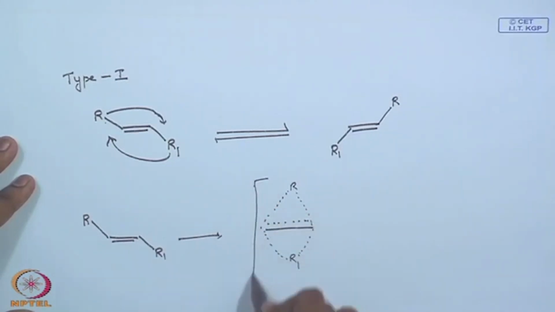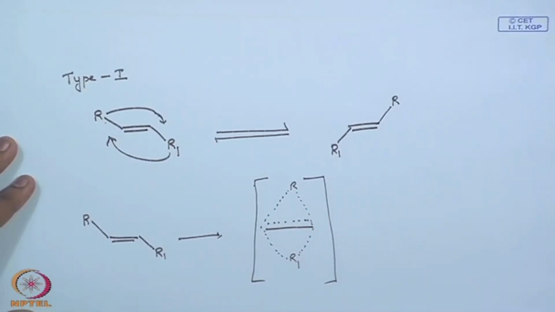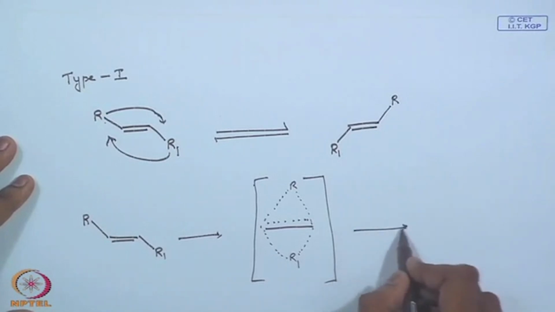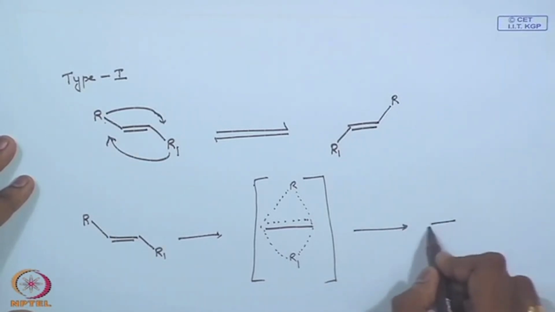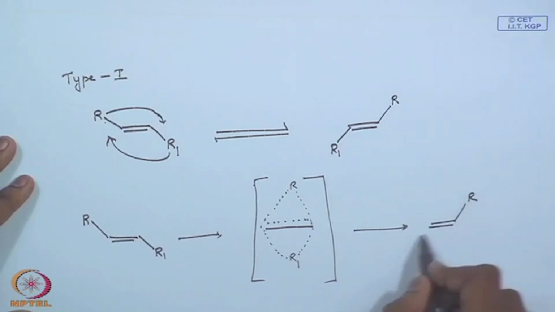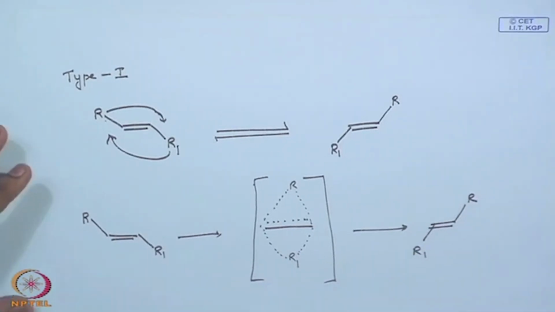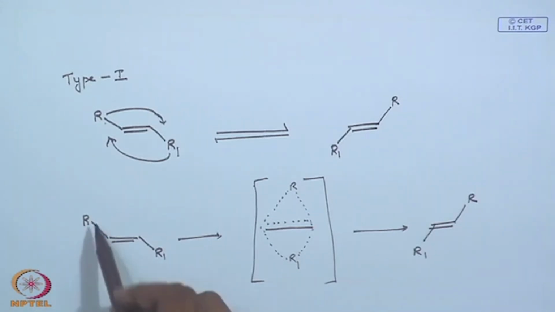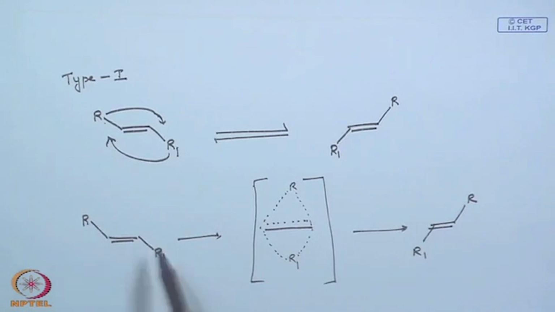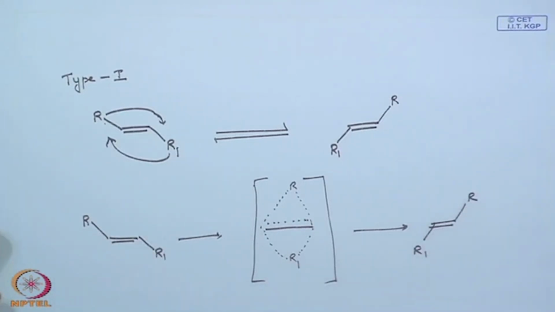This can then change my R to R. So, this is your type 1 mechanism, type 1 diatropic rearrangement. It is a concerted process, and you can see the two groups just interchange their relative position.